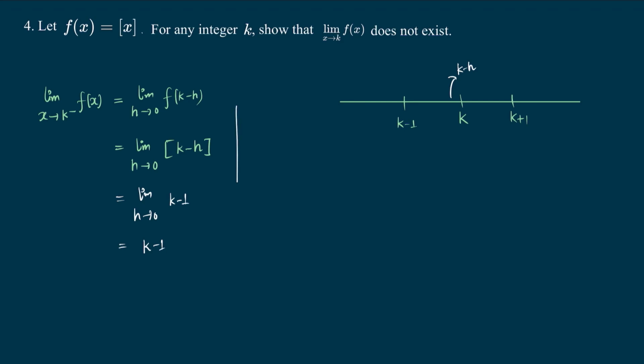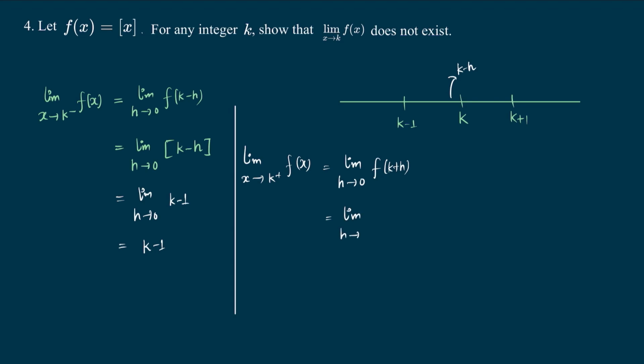Now similarly let me find the right hand limit. Limit x tends to k plus of f(x) equals limit h tends to 0 of f(k plus h), which equals limit h tends to 0 of floor of k plus h, since f(x) means floor of x.